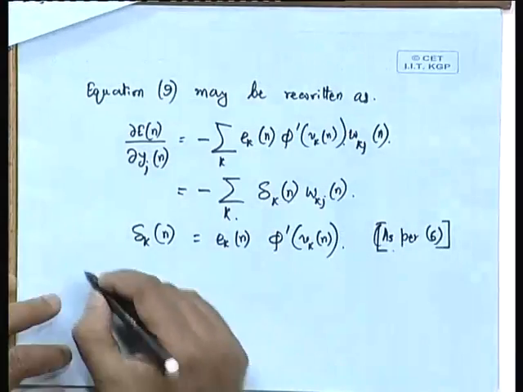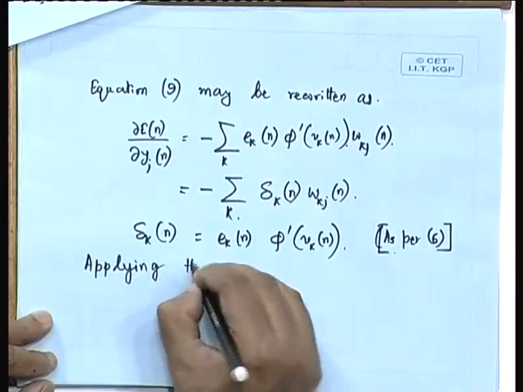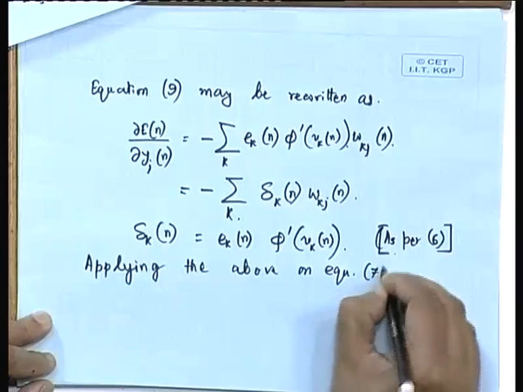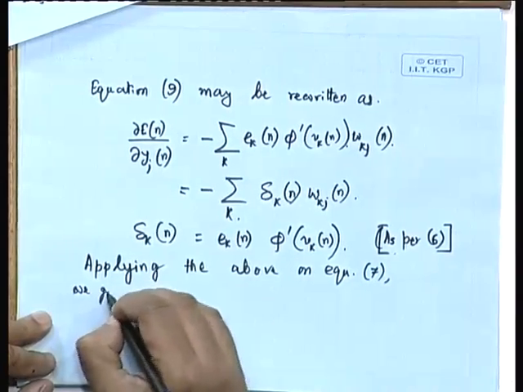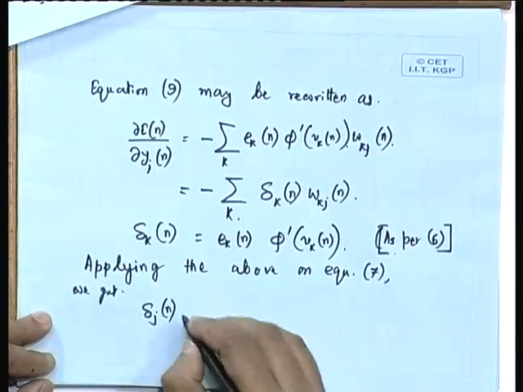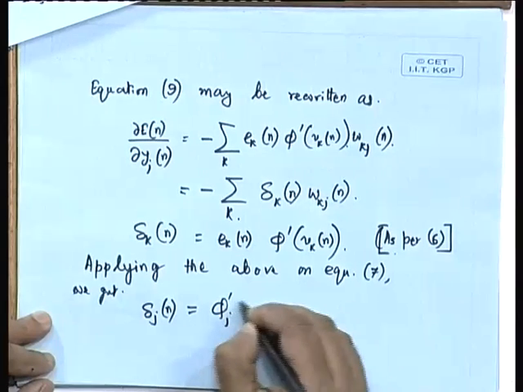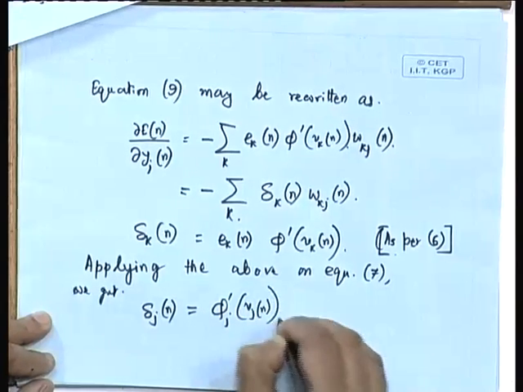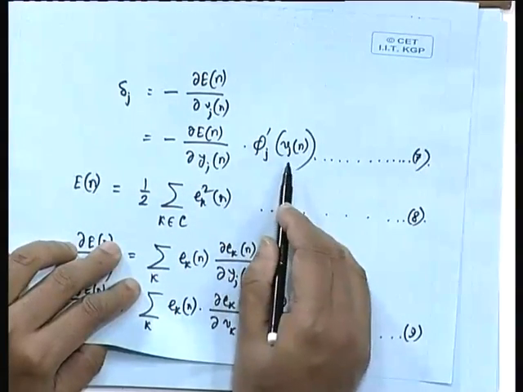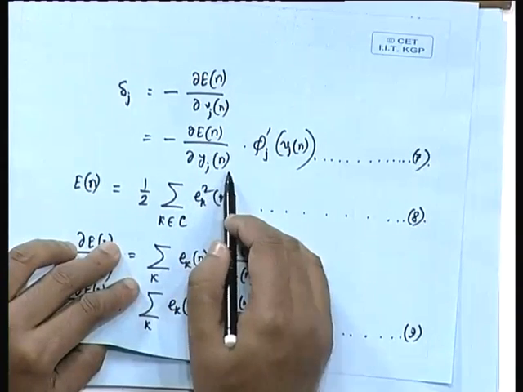So applying the above on equation 7, we get delta J, in fact we should write delta Jn itself, that is equal to phi dash of j into Vjn, the term that is already existing with us, phi dash j Vjn, and we have dou En dou Yjn.